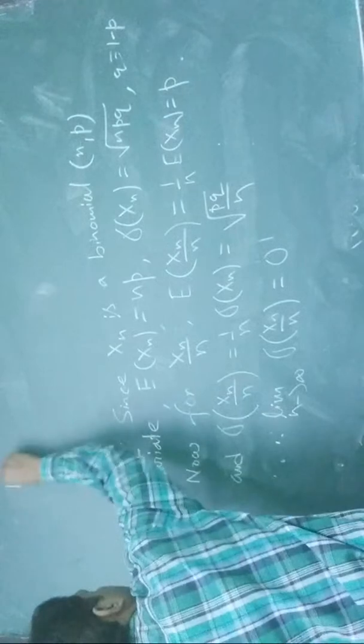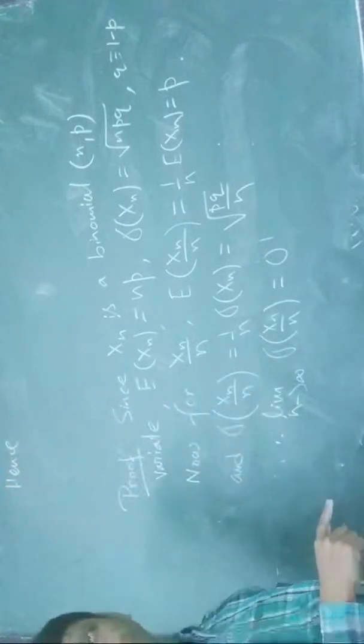So hence, you can now apply Chebyshev's theorem because sigma n tends to 0.